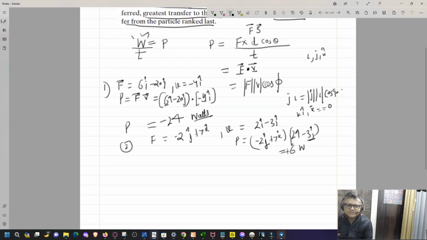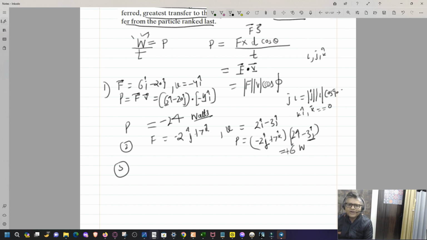Let's consider case number 3. There are two ideas running in this question. One idea is of course the dot product: you can calculate power using the dot product. The second idea is whether you're delivering power to the body or taking power away from it. As I gave you the example of friction, you're taking energy from the body at a certain rate, which means you are extracting energy out of it.